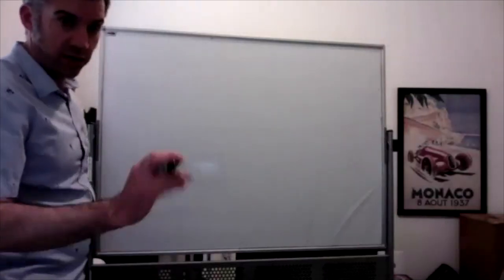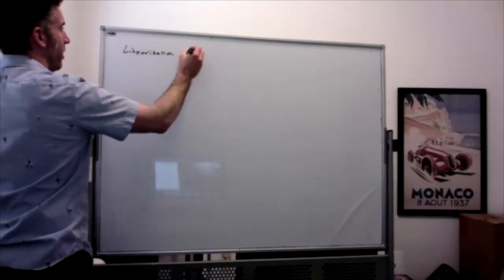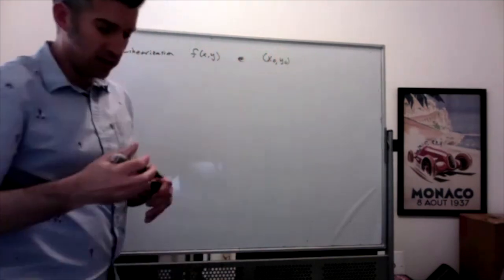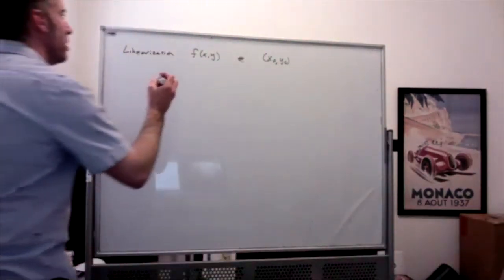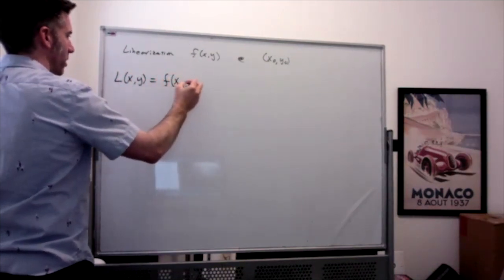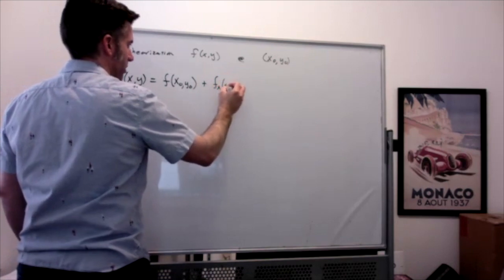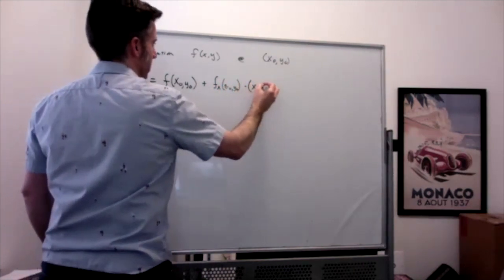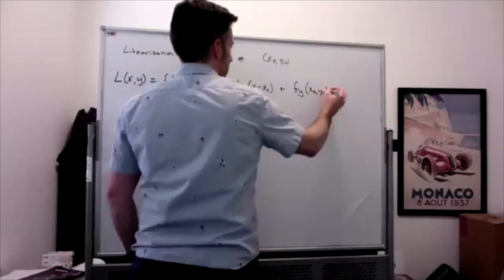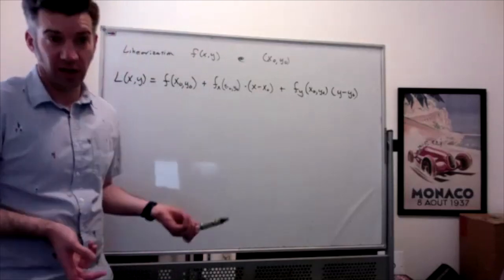So just so everybody is aware, if you want to find the linearization of f of x, y at the point x naught, y naught, the equation looks like this: L of x, y equals f of x naught, y naught, plus the partial with respect to x evaluated at x naught, y naught, times x minus x naught, plus the partial derivative with respect to y evaluated at x naught, y naught, times y minus y naught. This is both the linearization, it's also the equation of the tangent plane.